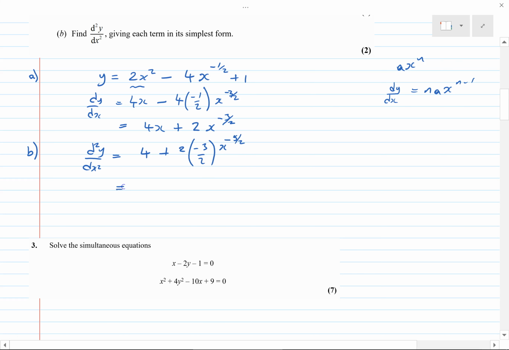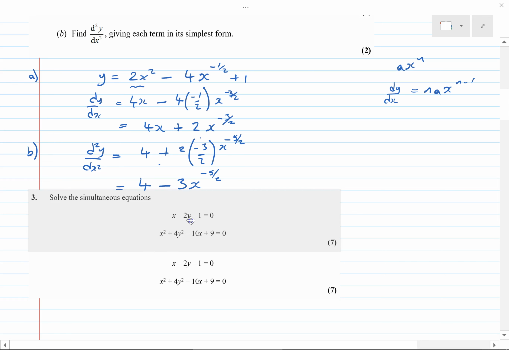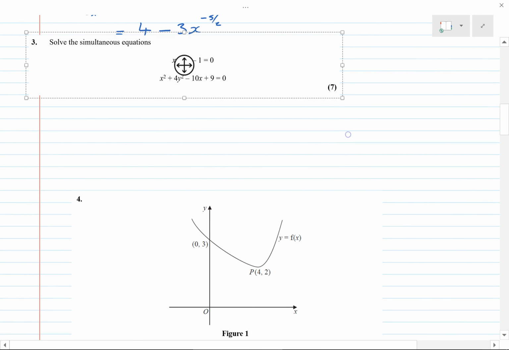Not simplified yet, but here we've got the 2 and the 2 cancelling, so we're going to get a 3. And we've got a positive and a negative, so that's a negative 4 minus 3 x to the minus 5 over 2. Okay, so making reasonable progress on this paper.